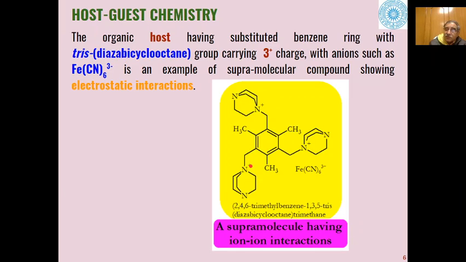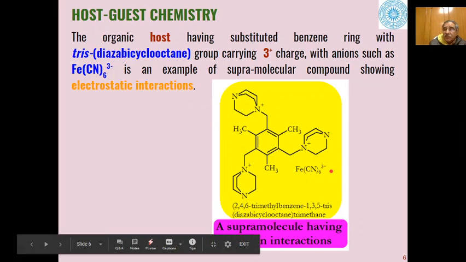So because one positive charge is present on each nitrogen, we can say that overall this molecule is having +3 charge, and this complements with anions such as ferrocyanide, Fe(CN)6 3-.